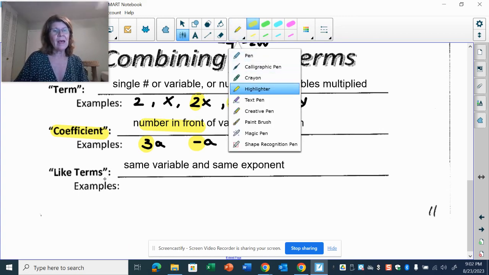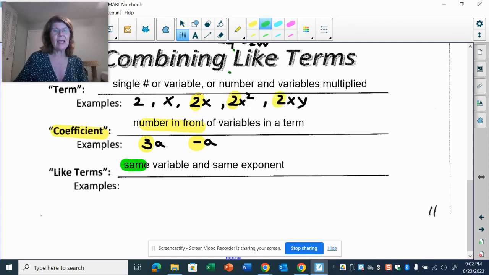Like terms would be terms that have the same variable and the same exponent. For example, I could have a and a, so they're the same variable. But if I have a squared and a cubed, they are not like terms.